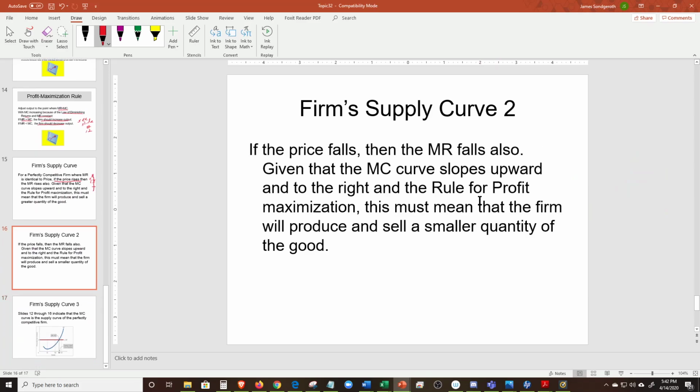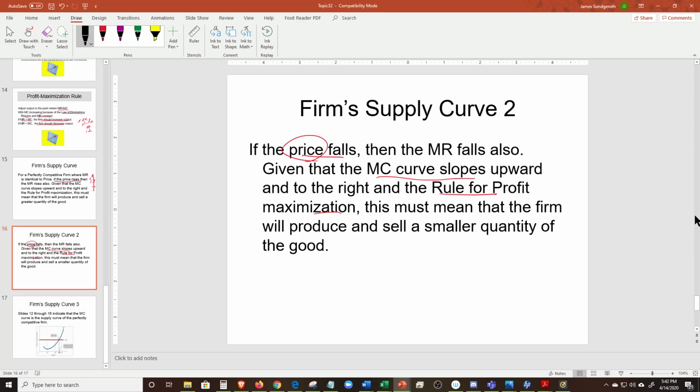And if the price falls, marginal revenue also falls. Given that the marginal cost slopes upward and to the right, and the firm produces where marginal revenue equals marginal cost, and marginal revenue is the same as price, the firm will produce and sell a smaller quantity of the good.